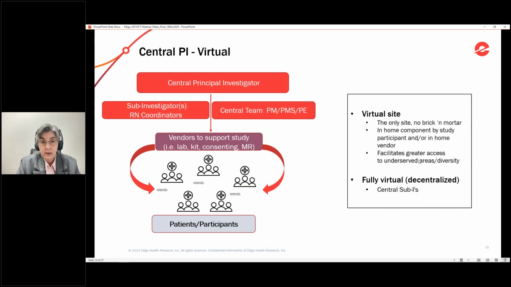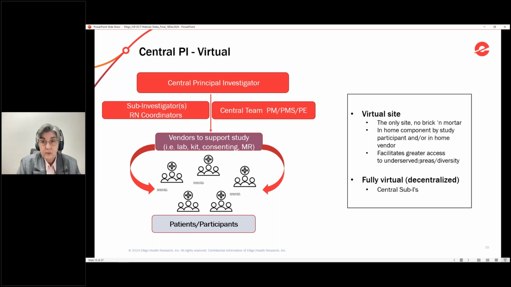The central PI is the one who is signing that investigator agreement, and then depending on the size of the study, you'll determine the number of sub-investigators that you'll need, have RN coordinators, and then central teams in order to facilitate medical records collection, and then whatever vendors are needed. If it's dispensing lab kits, if it's dispensing phlebotomists out to the homes. And so it all flows up with no brick and mortar sites at all into the central investigator.